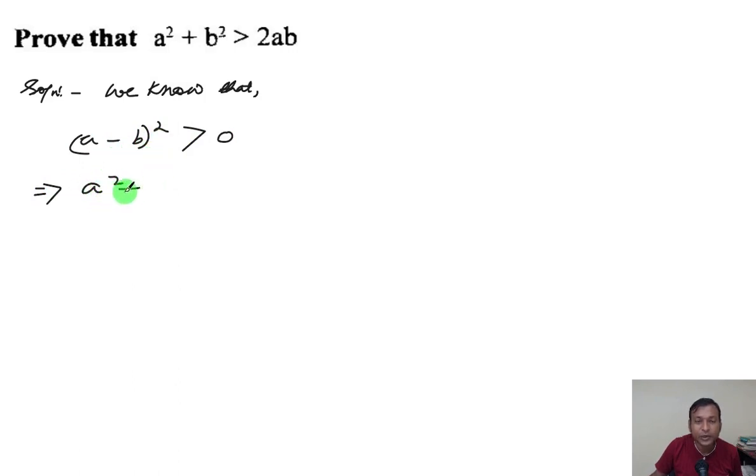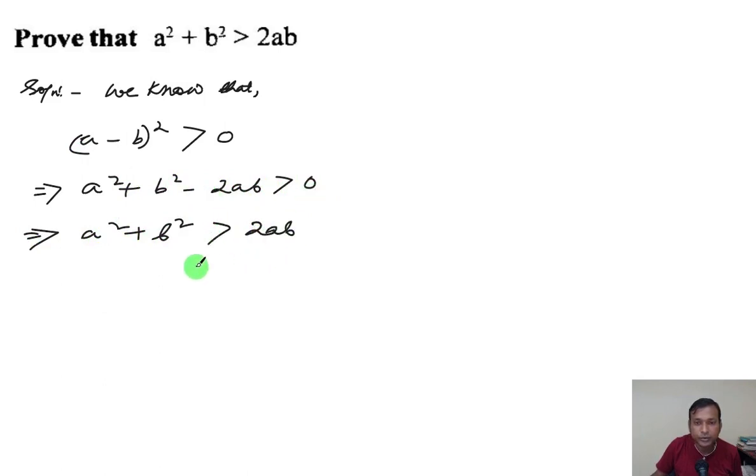This is a minus b whole square. So here I will use the identity of a minus b whole square, and this is a square plus b square minus 2ab. So shifting 2ab to that side, we got the proof a square plus b square is greater than 2ab.